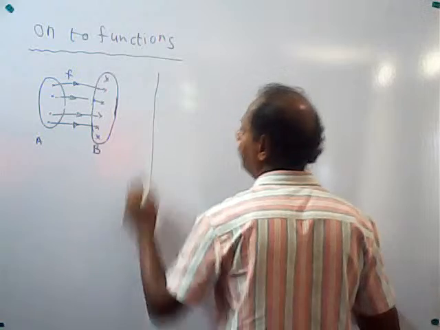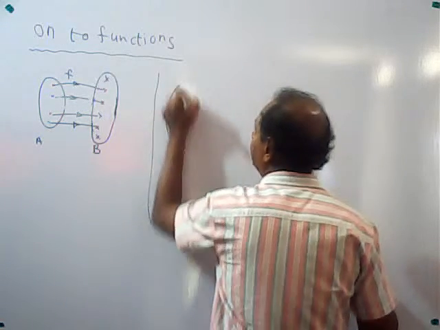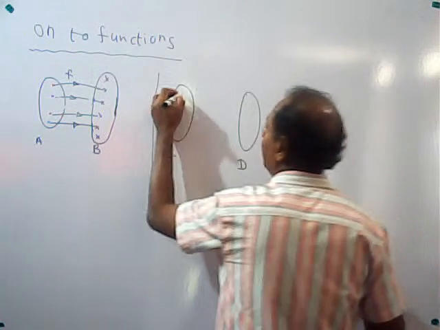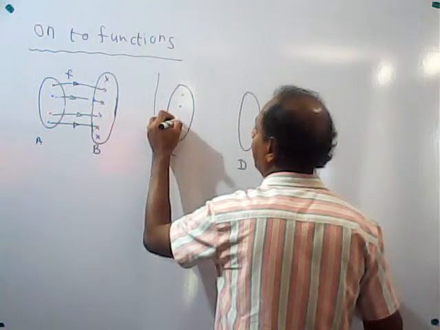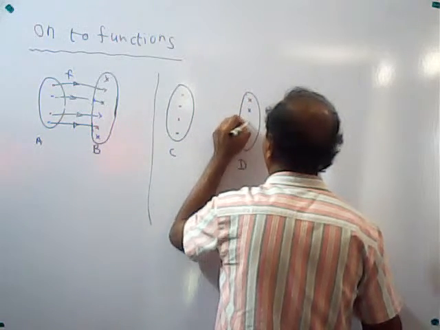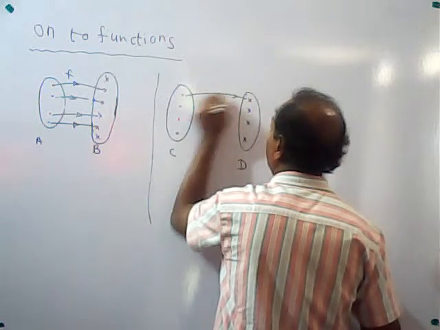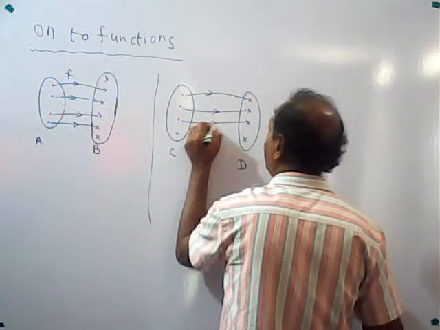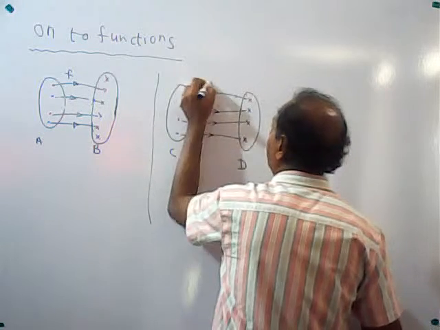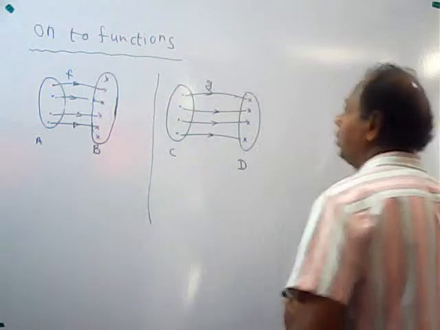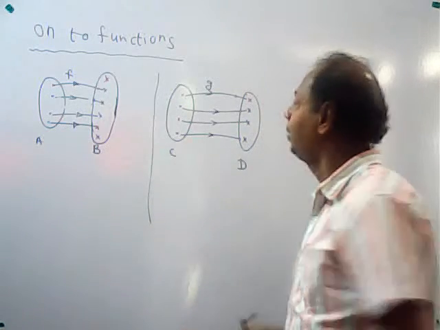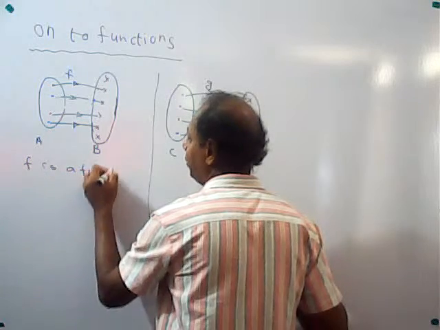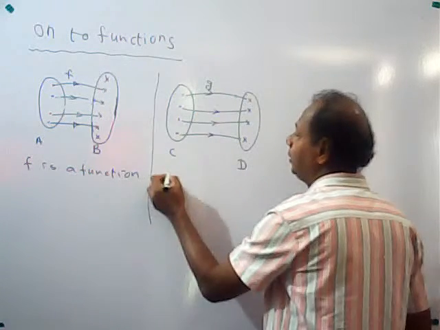I'm drawing another function g which goes from C to D. Both of them, under our definition, are functions. F is a function under our definition, and G is also a function.